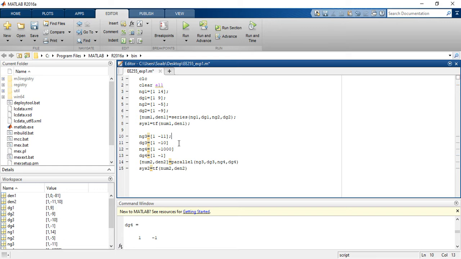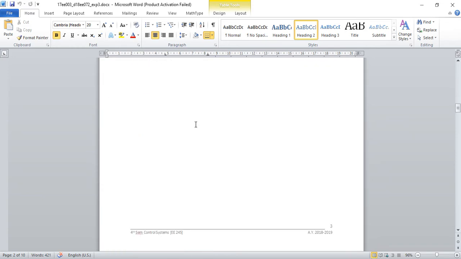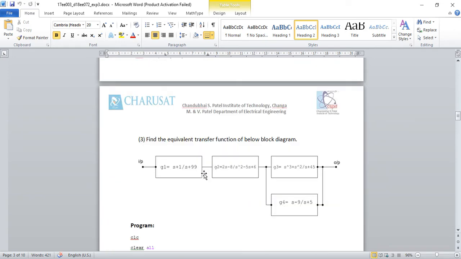Right now I don't want further answers, so I'm adding a semicolon so the answer will not be displayed. Now it is the second part done. The third part is: the G1 block and G2 block are connected in series, the G3 block and G4 block are connected in parallel, and this combination is connected in series.